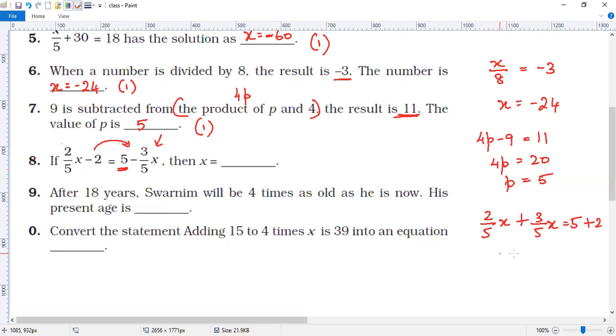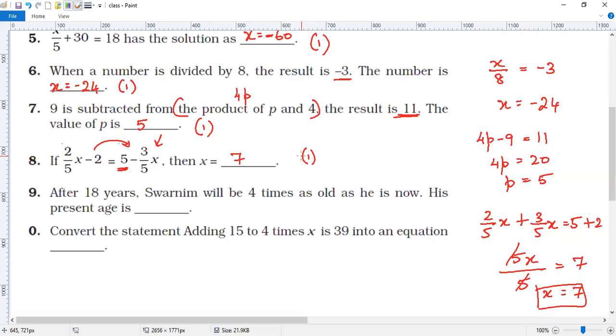So here, one way to simplify: the LCM is the same, 5. So on top you have 2x and 3x. So 2x plus 3x is 5x is equal to 7 here. 5 and 5 will get cancelled and you will get the answer for x to be 7. So what is the value of x? The answer is 7. If you get the answer of 7, then you can give 1 mark for this question.